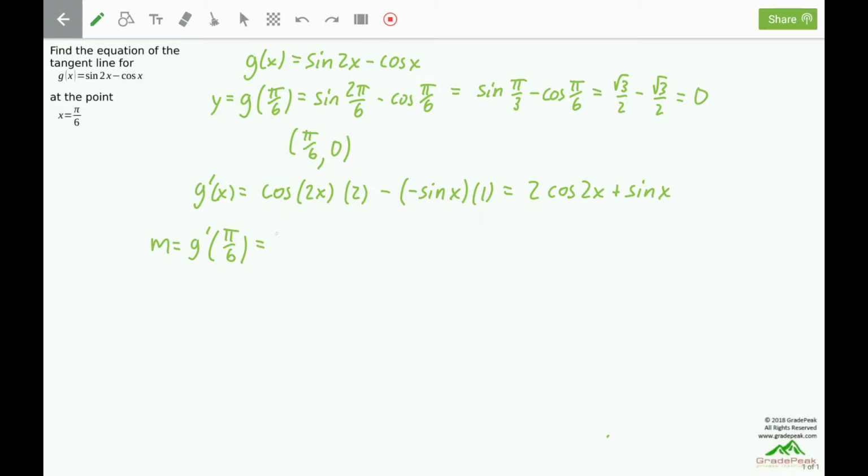And that's going to be 2 times the cosine of 2 pi over 6 plus the sine of pi over 6. 2 pi over 6 can reduce to pi over 3.